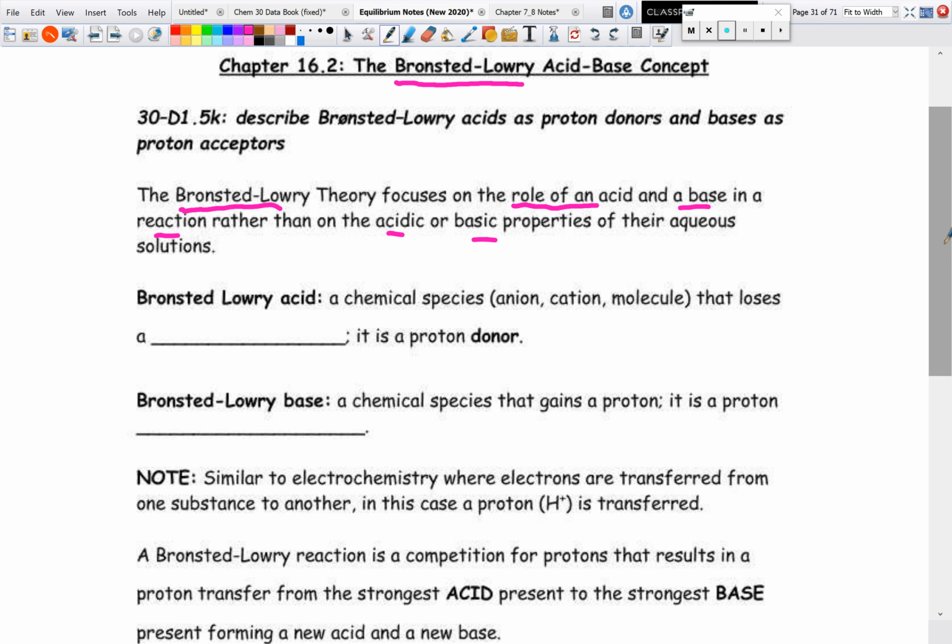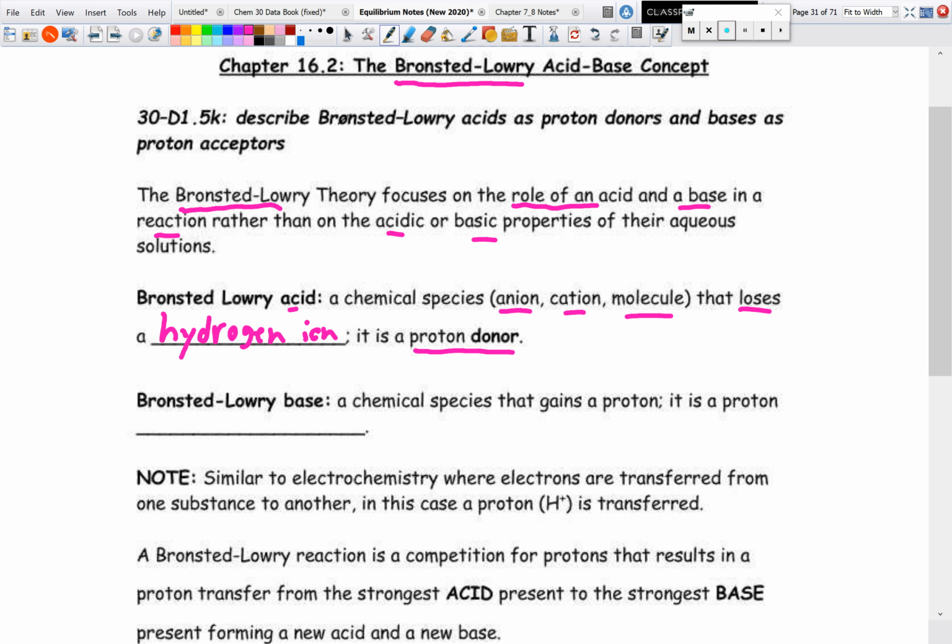So our new definition of a Bronsted-Lowry acid is going to be a chemical species. So this can be an anion, a cation, or an entire molecule that loses a hydrogen ion. And we call this a proton donor.